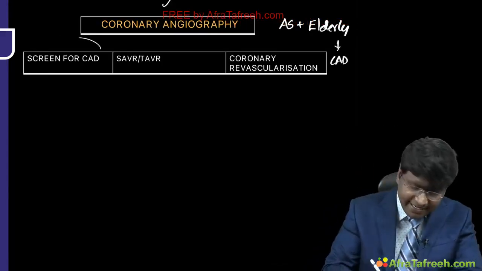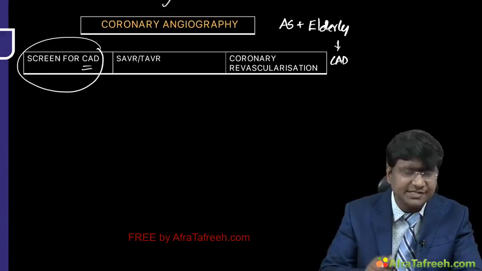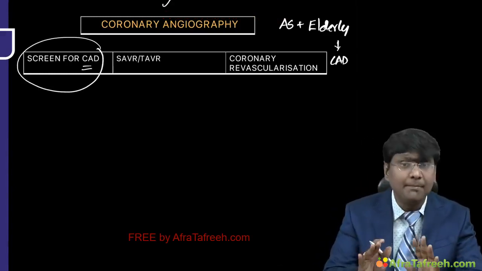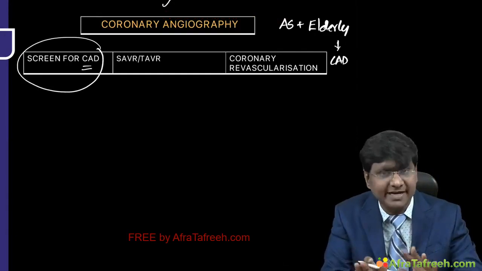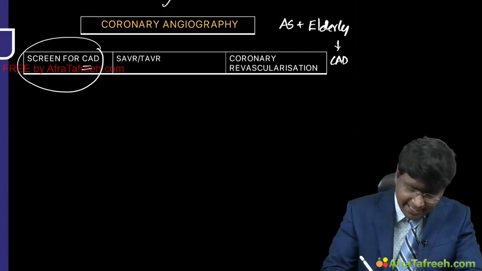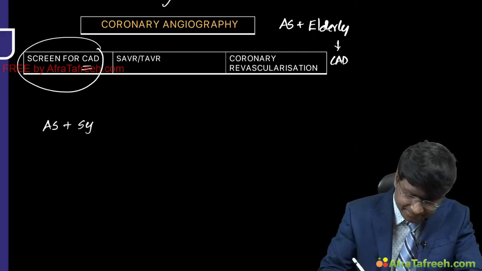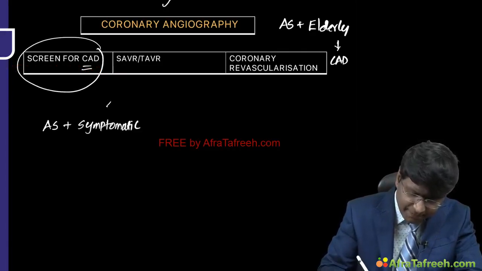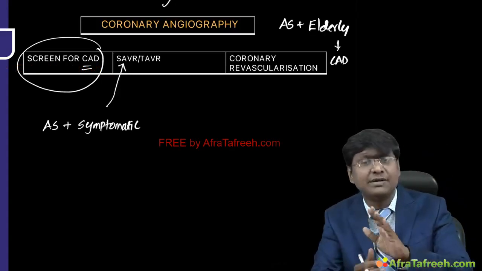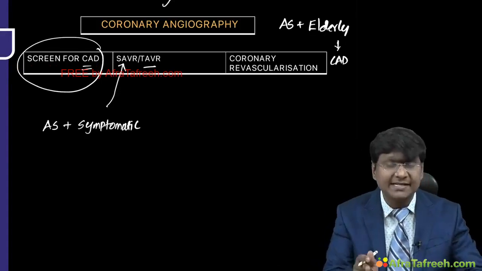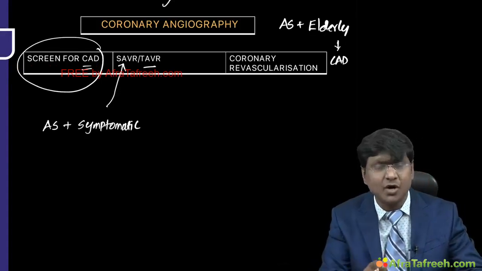So mainly to screen for coronary artery disease, you need to do coronary angiography, particularly in a patient with severe AS who is symptomatic and you are planning for surgical aortic valve replacement, or for transcatheter aortic valve implantation or intervention.